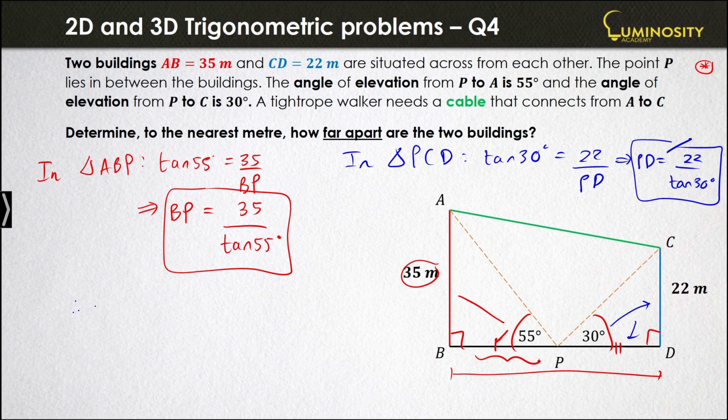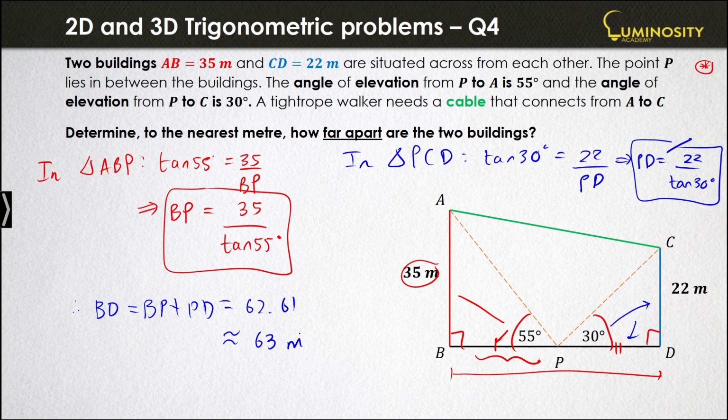So I'm going to say BD is equal to BP plus PD, and we did that sum, 62.61. But they said to the nearest meter, so I would approximate that upwards to 63 meters. Okay, so to the nearest meter, the buildings are around 63 meters away.